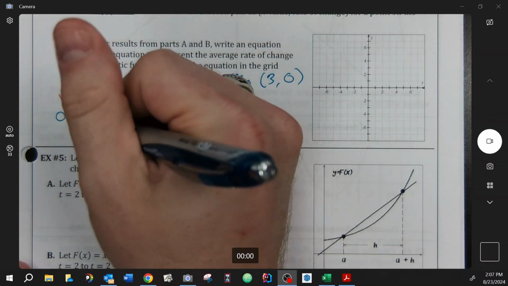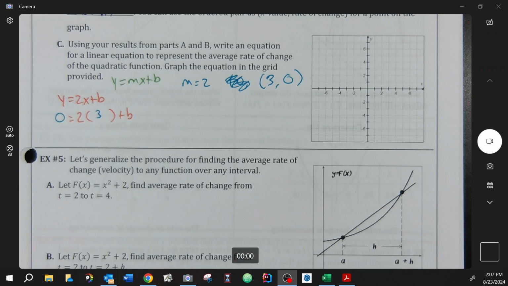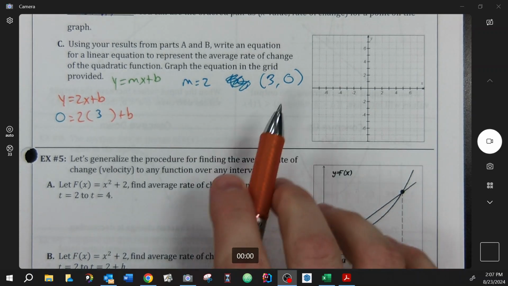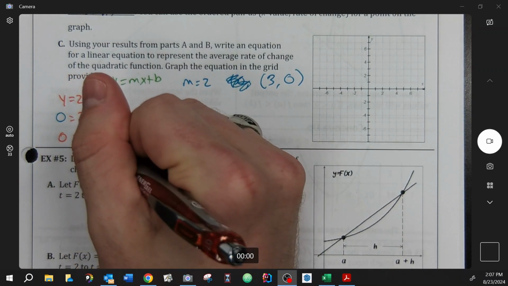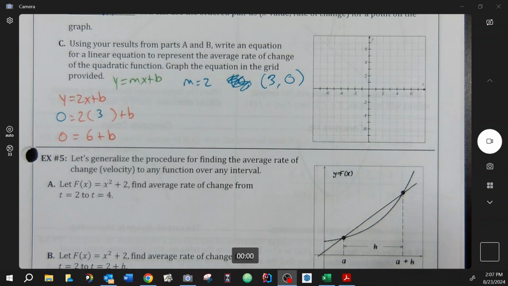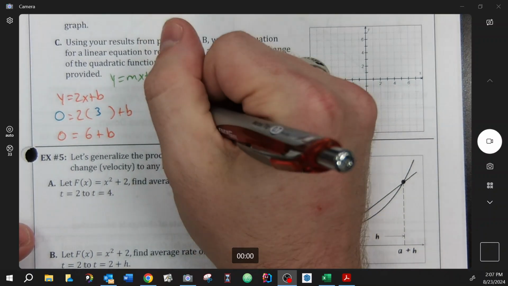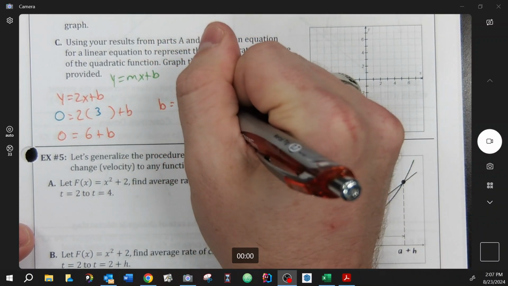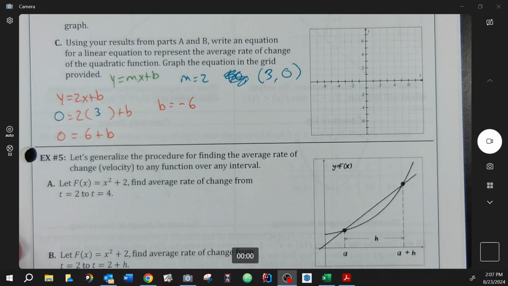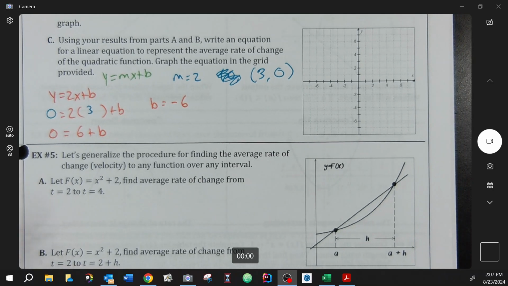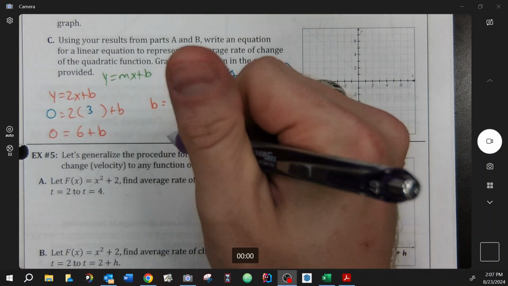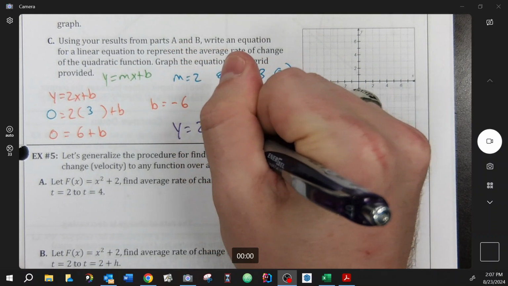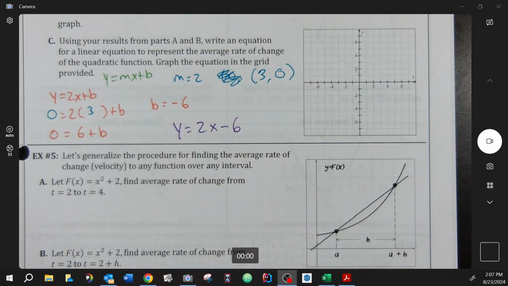The x value there was 3. What that gave us is 0 is 6 plus b, which guarantees to us that b is -6. This is our, for lack of a better term, rate function, our slope function, y equals 2x minus 6.